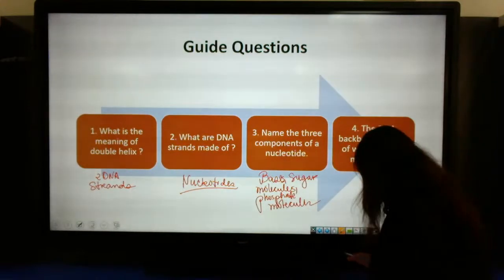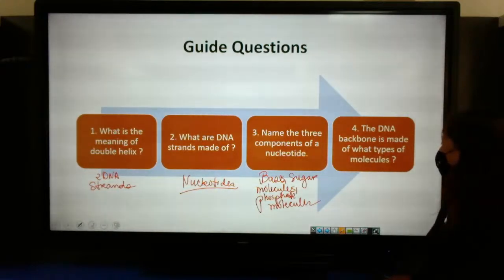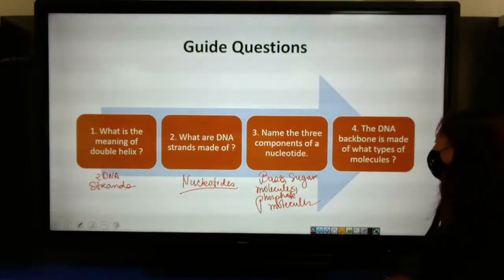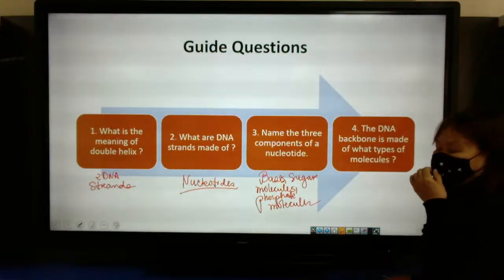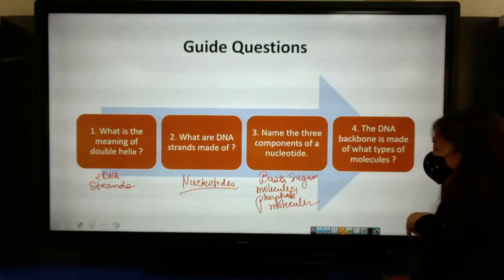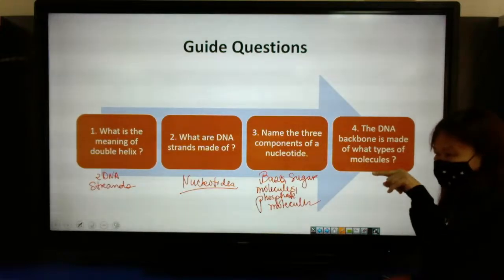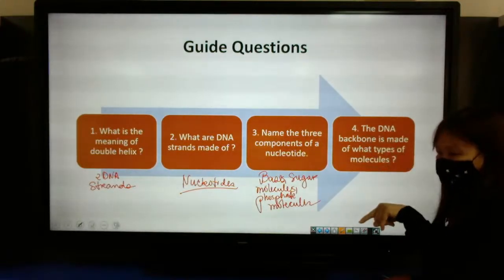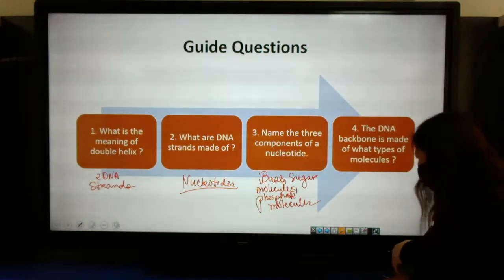Next, number 4. The DNA backbone is made up of what types of molecules? Now, basically, there are 2. The backbone is the side of the DNA molecule. If you remember the ladder structure that I showed you earlier, there are rows from top to bottom and then the sides. That is the DNA backbone.